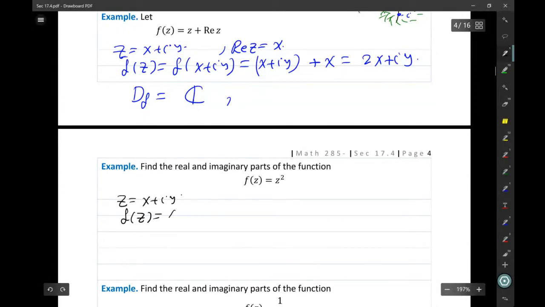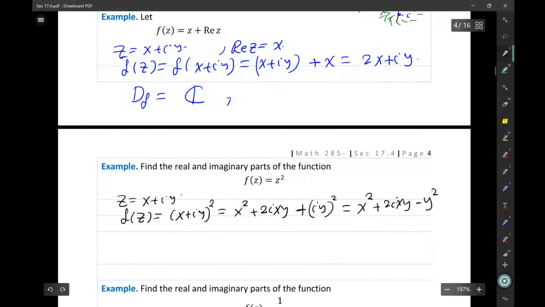Now f of z is equal to (x plus iy) squared, which is x squared plus 2i xy plus (iy) squared, which is x squared plus 2i xy, with i squared being minus 1, times y squared.